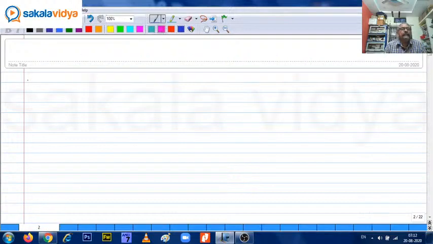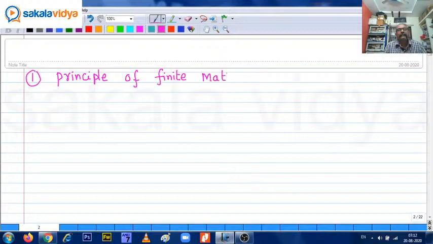First one is the principle of finite mathematical induction. Induction.